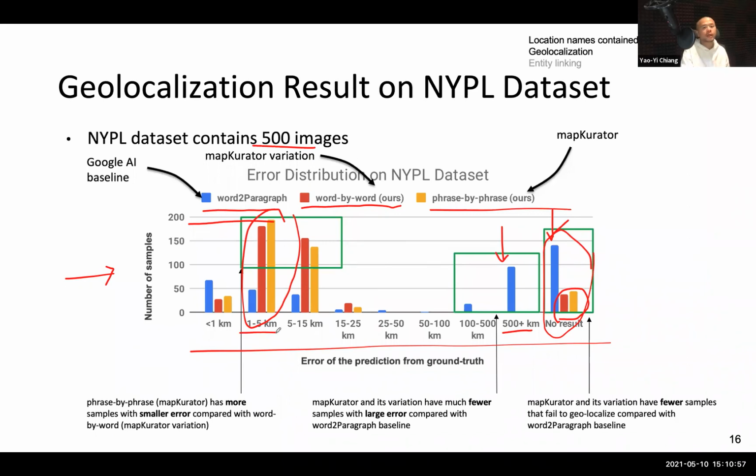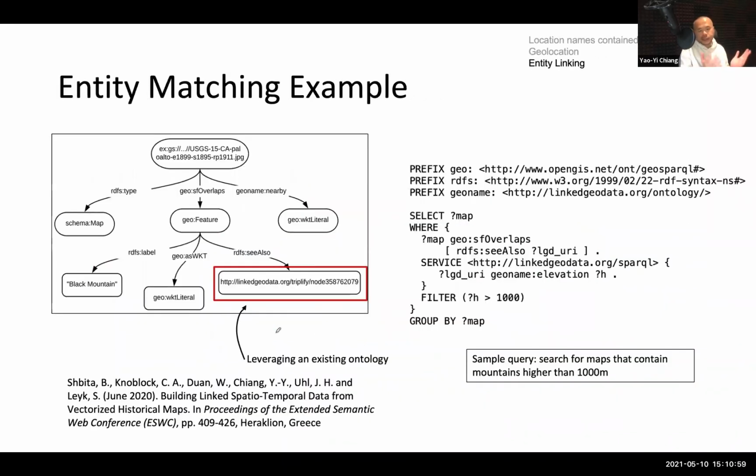For entity matching, here is one example result. Once we match the words or location phrases to an external database, we'll be able to generate something like this. Here we are leveraging an existing ontology, from our other paper in ESWC about modeling and linking historical maps and current knowledge bases. So here you see a node.